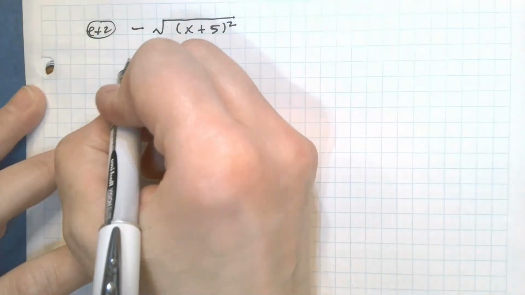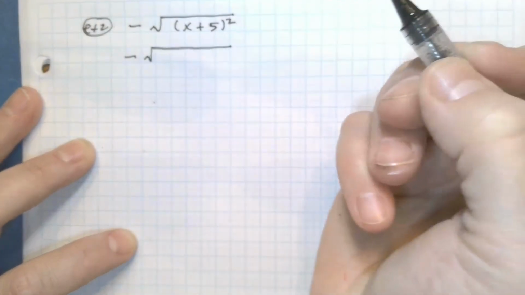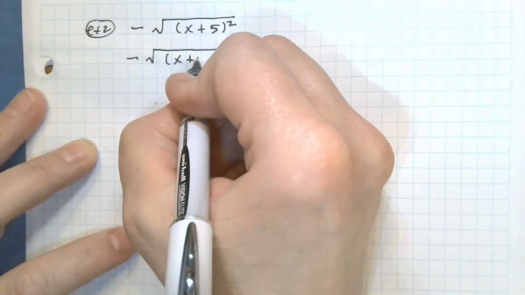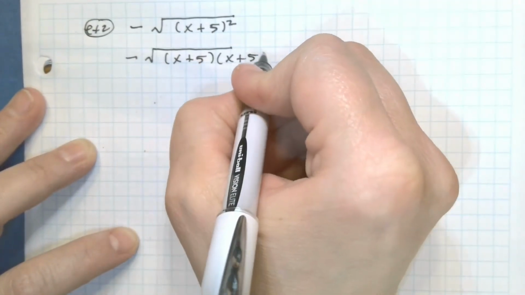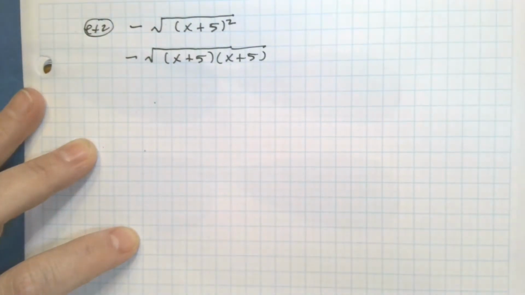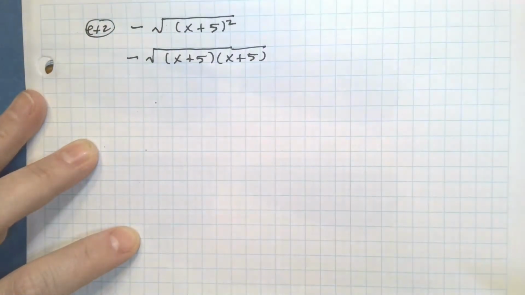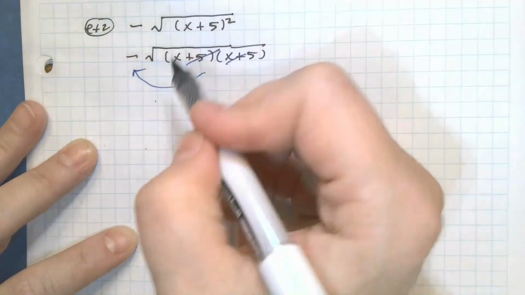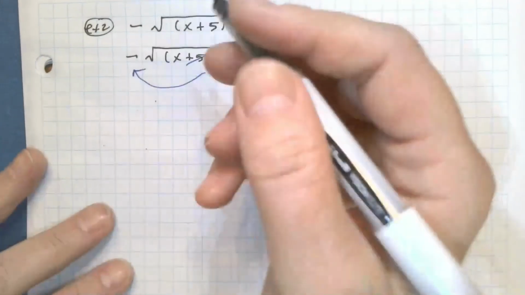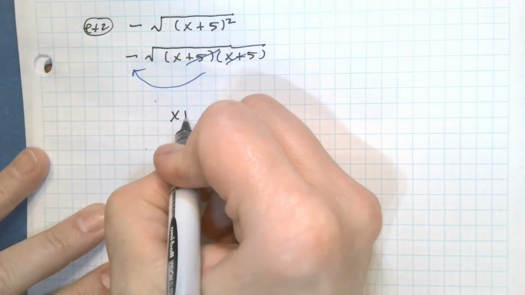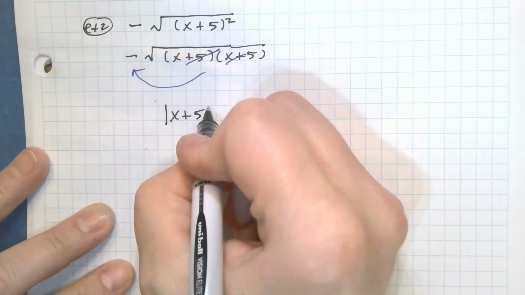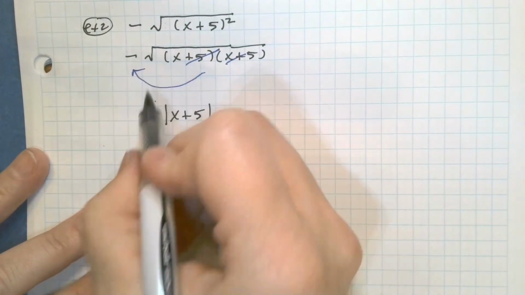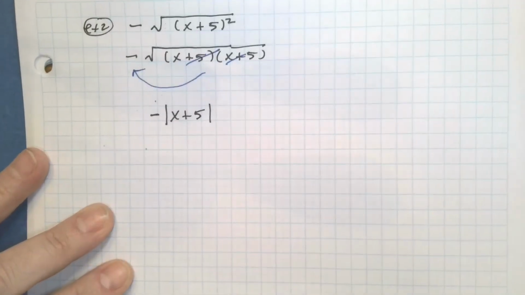So if you have a binomial being squared, when you prime factor it, you have two of them, x plus 5 times x plus 5. So 2 x plus 5s, one of them comes out, and it is being multiplied by the negative. So we have x plus 5 coming out. This would be a good time for absolute value bars. Multiplied by the negative, and there's no more radical.